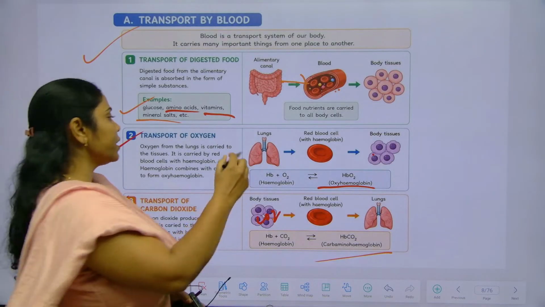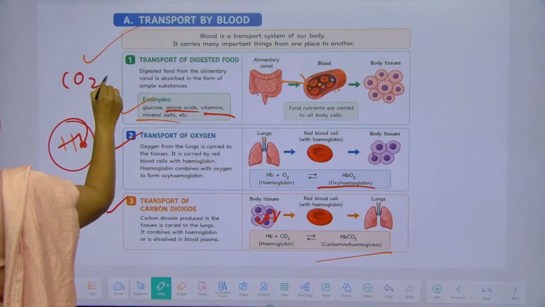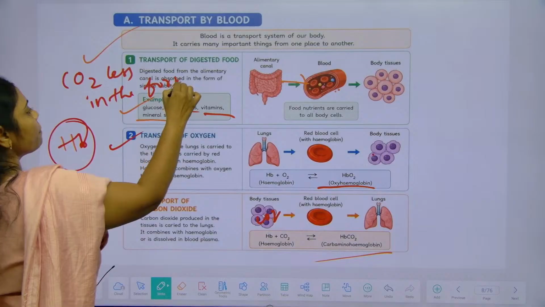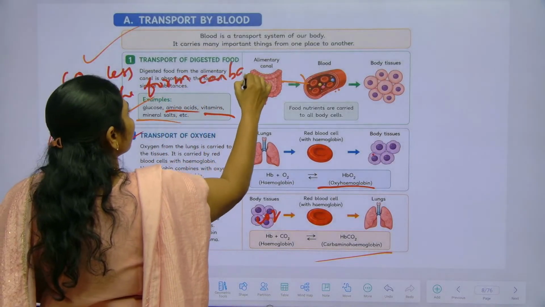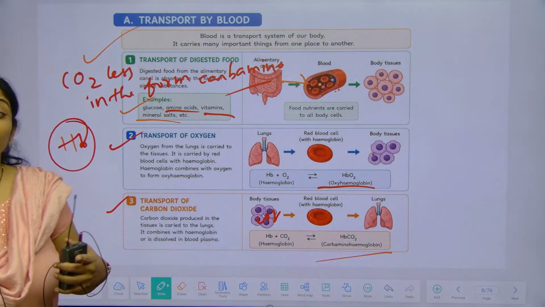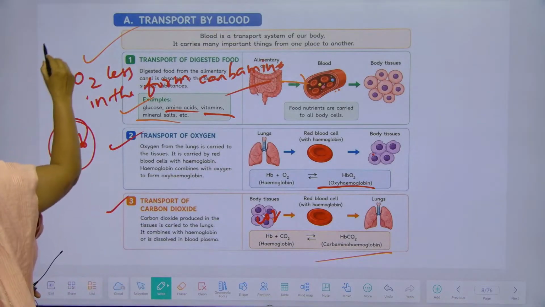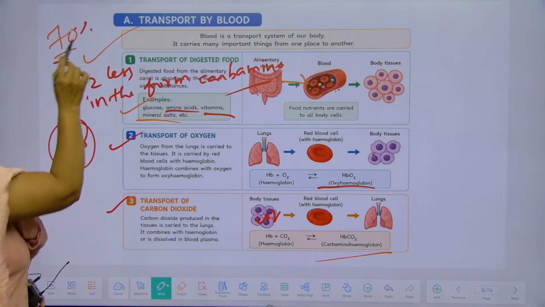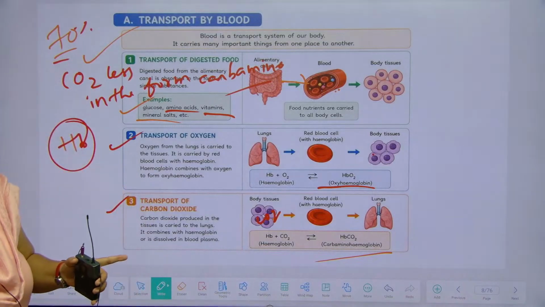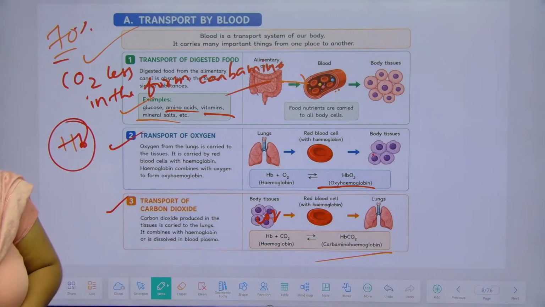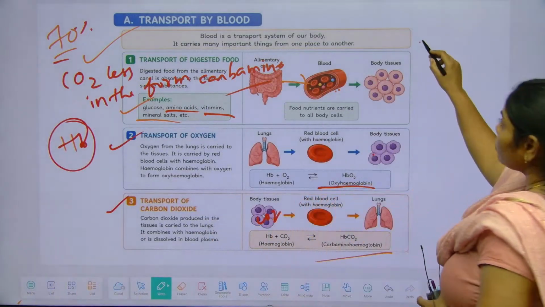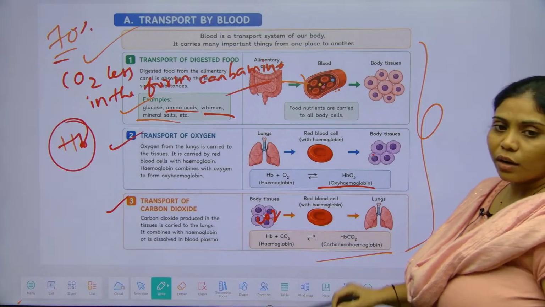But only a very small percentage of carbon dioxide is transported in that form. The remaining, majorly 70 to 75 percent, will be in the form of bicarbonates. Okay, in the form of bicarbonates. Clear?